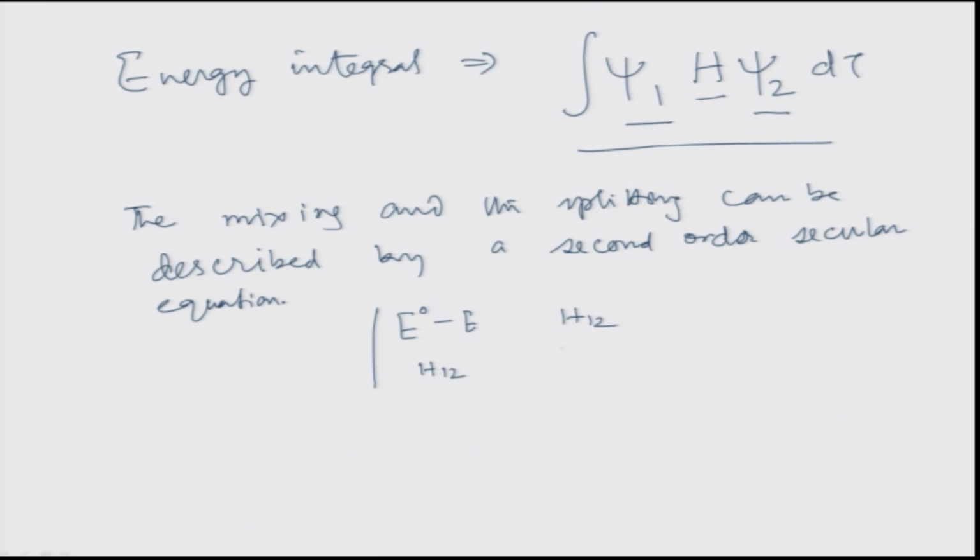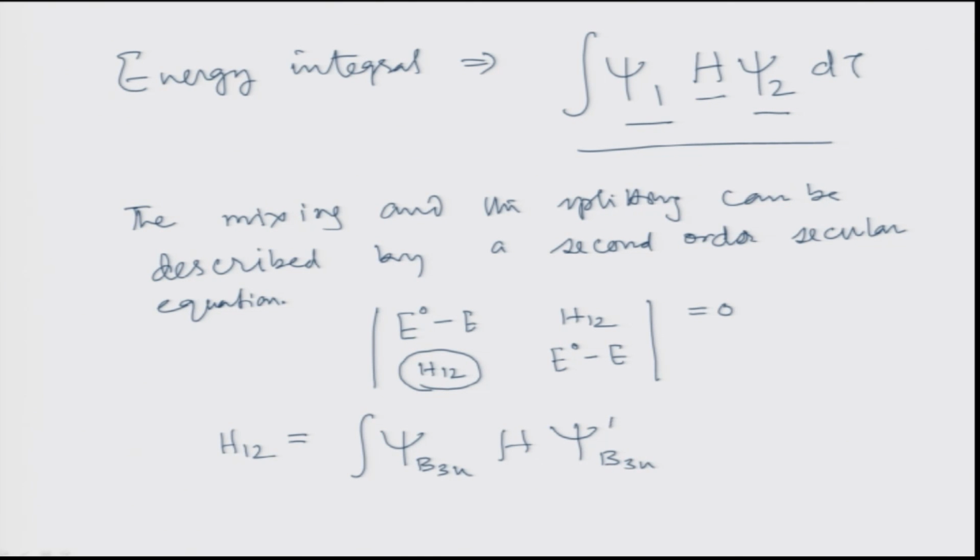It is very similar to the other secular equation that we have formed. Here, H12 is of particular interest, because this off-diagonal element gives you the interaction terms. I can express this H12 in the following way: I take psi B3U and the Hamiltonian, and then a new psi B3U, which I call psi B3U prime.